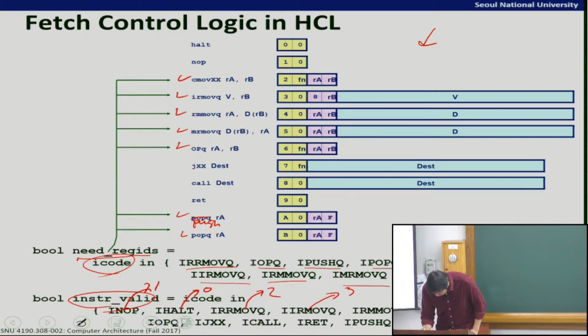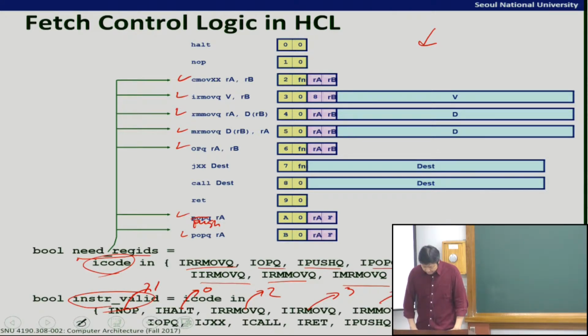This one will be 3. This one is 4. Up to the last one, which is B. Right? So you can translate this line as follows: if the I code is somewhere between 0 and B, then your instruction is valid and this output will be true. Otherwise, this output will be false, because we don't define any instruction starting with C, D, E or F. Okay?